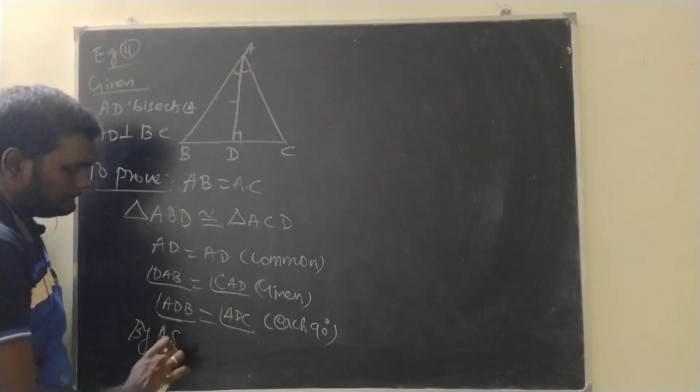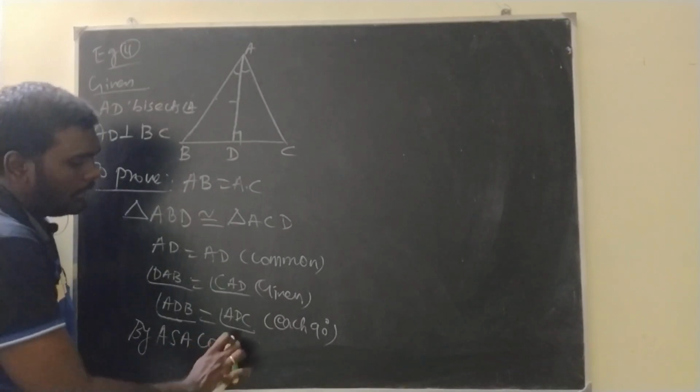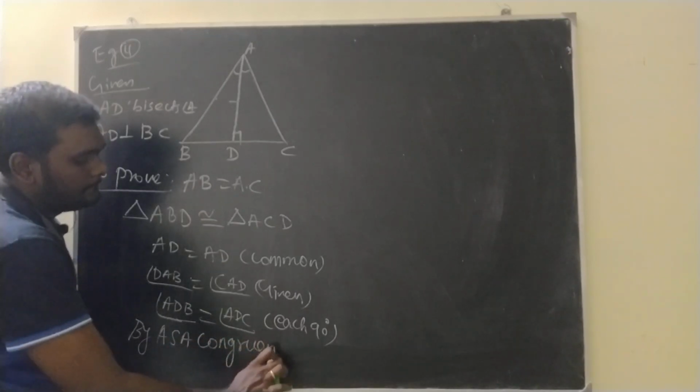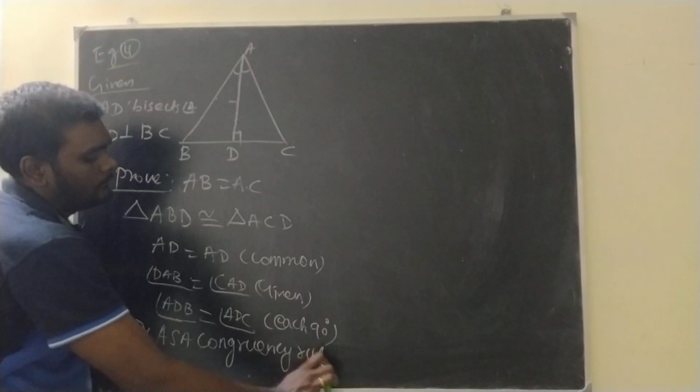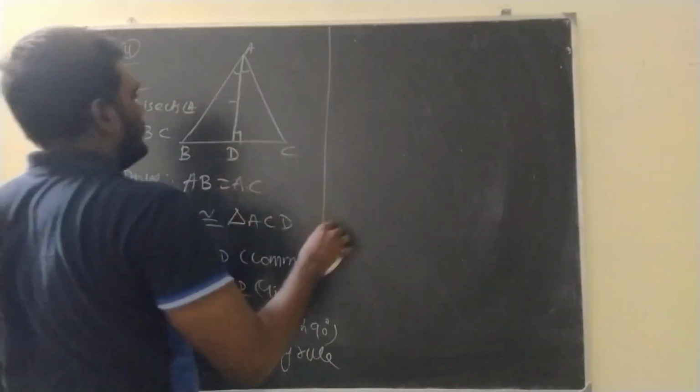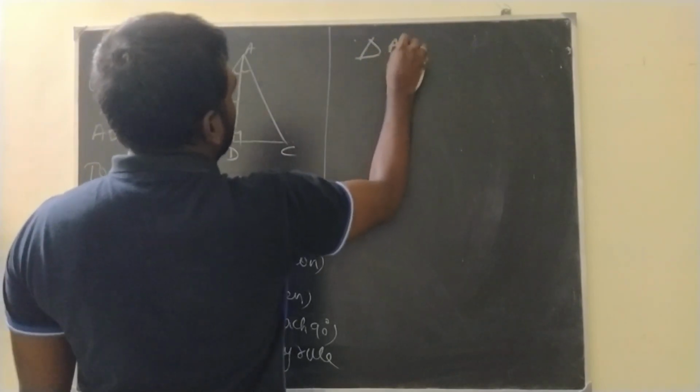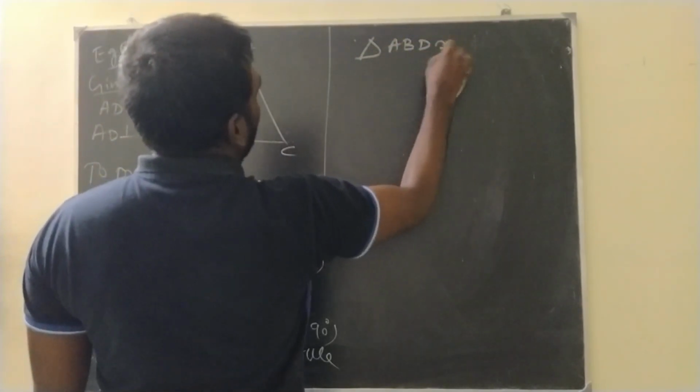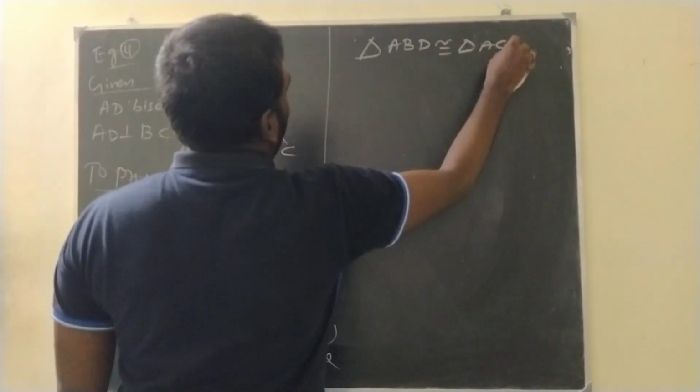So by the ASA congruency rule or axiom, you can say triangle ABD is congruent to triangle ACD.